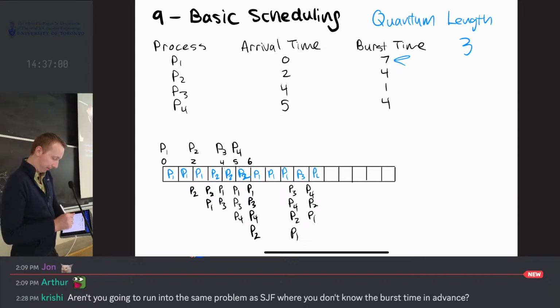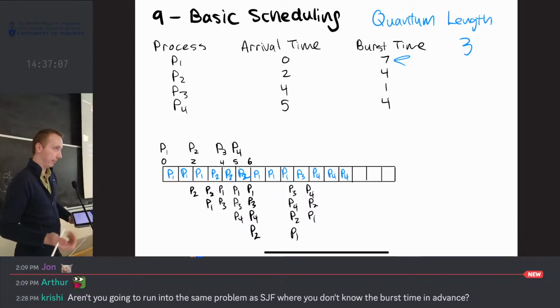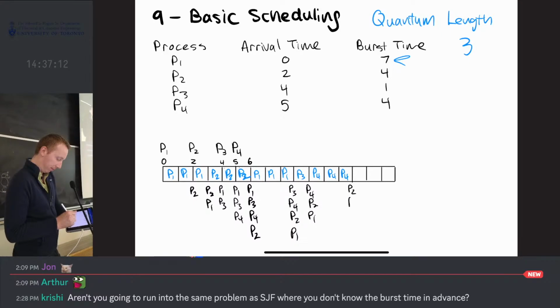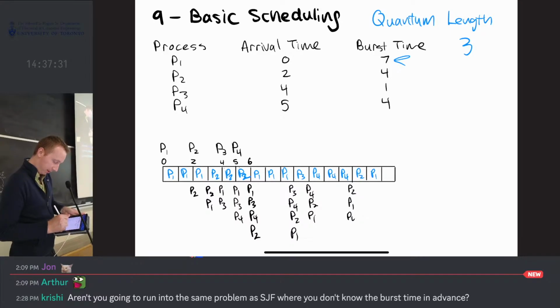It would run for 3 time units because in total it wants to run for 4, and it would use all 3. So my queue would look like P2, P1, P4, and they all only have 1 time unit left. So we would run them in that order: P2, P1, and then P4.